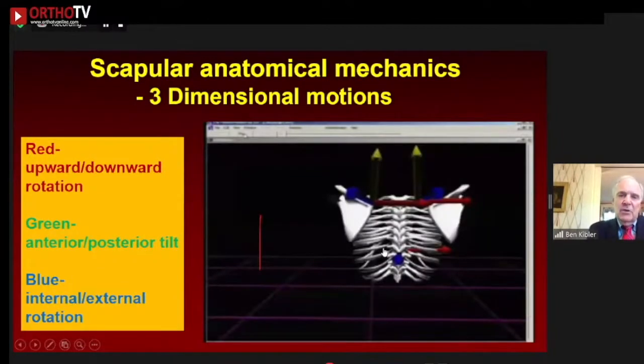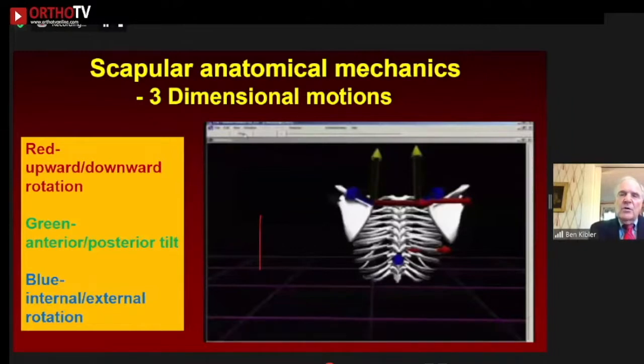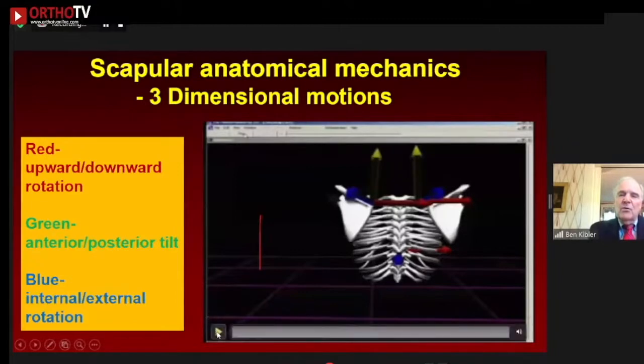It's a three-dimensional motion. This is a model taken from our lab showing the motion of the scapula with arm motion. Each of the colored axes represents one of the motions. The green is anterior-posterior tilt, red is upward-downward rotation, and blue is internal-external rotation. This video runs 4 times, so you can watch one of the motions each time.